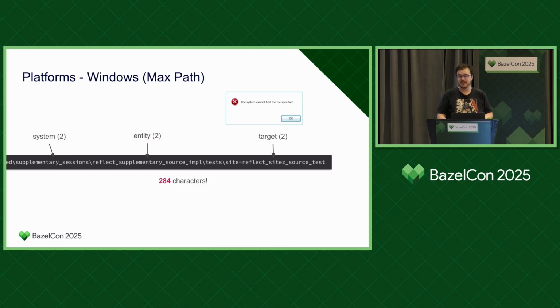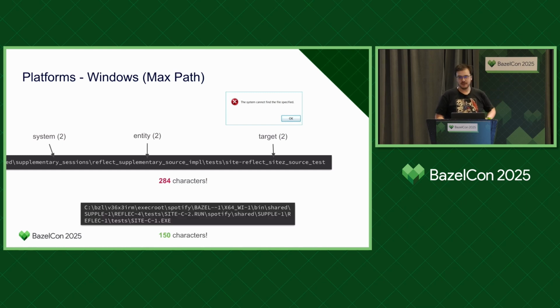It will go, I can't find the file for you. And then you have to rip your hair out deciding, is this a Bazel problem and I've written the rule wrong? Or is this just Windows and it doesn't know what it's doing? And just for context, if 8.3 name support was enabled, it would be 150 characters, which is A-OK.